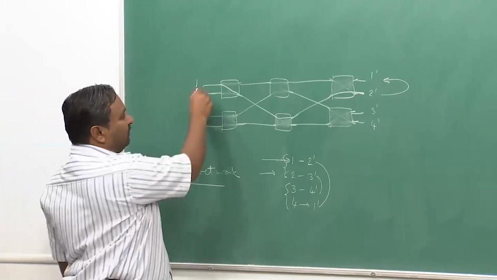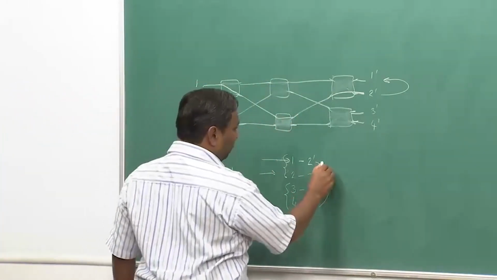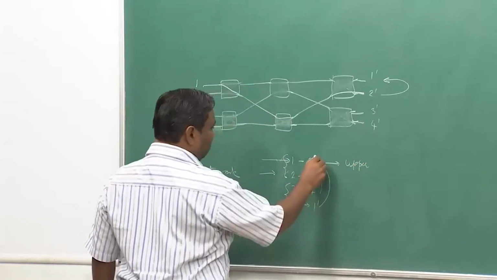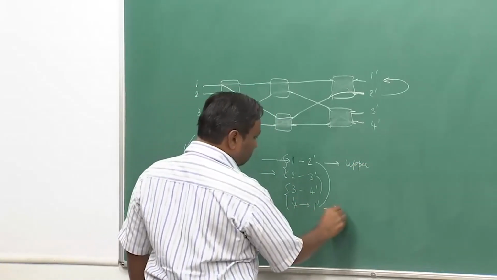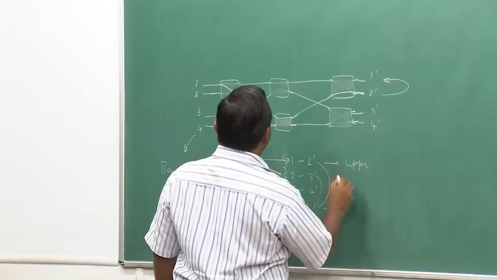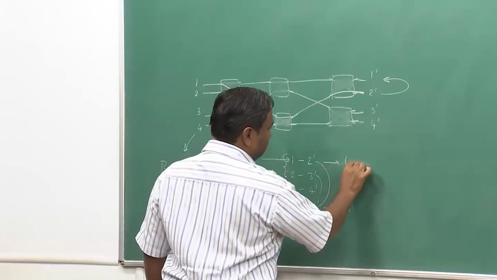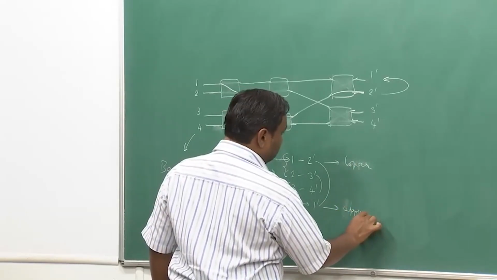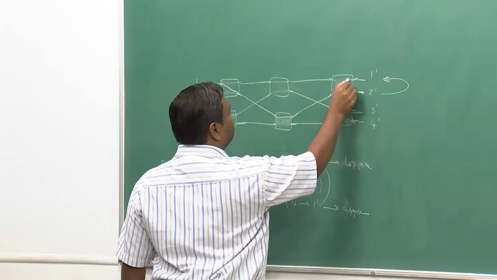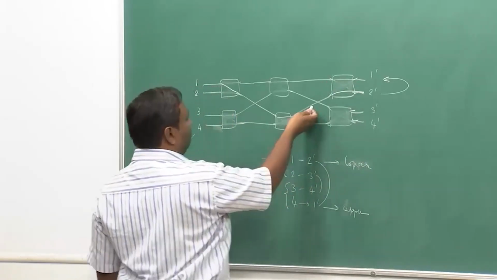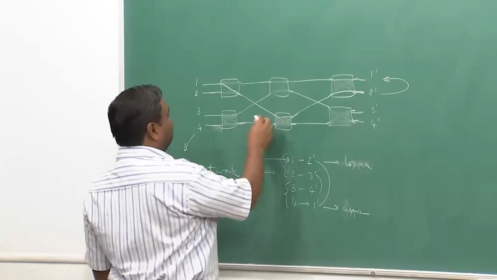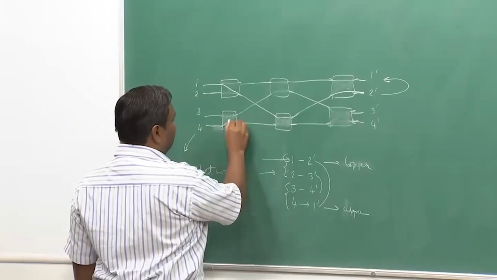So, since from 1 to 2 I have used the upper one, so from 1 prime to 4 I should use the lower one, I have used the lower one, sorry, here I should use the upper one now. So, I have to use this option. In fact, I cannot use the lower one, it was not possible even if I would have tried. So, it has to be from the upper one.